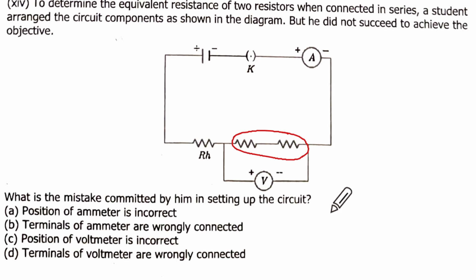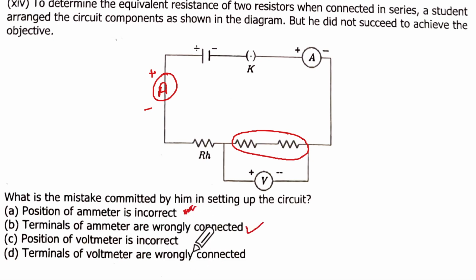What is the mistake? Terminals of the ammeter are wrongly connected. What is the mistake committed by him in setting up the circuit? Position of the ammeter is incorrect. Terminals are wrongly connected, not this one.